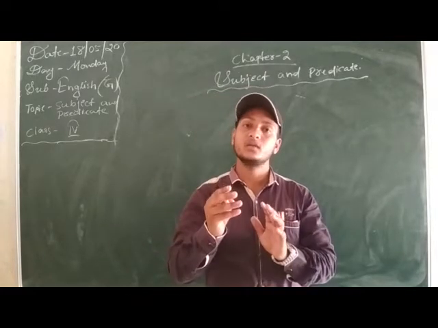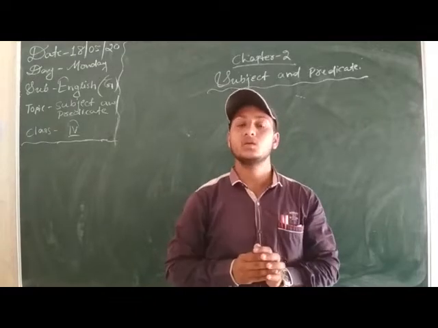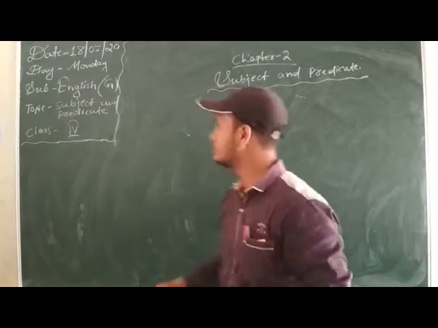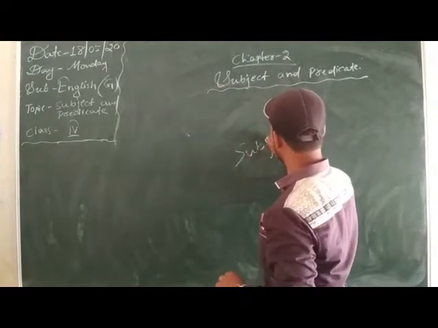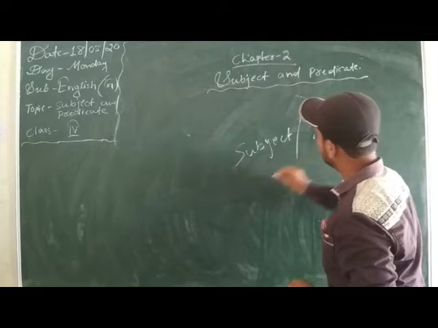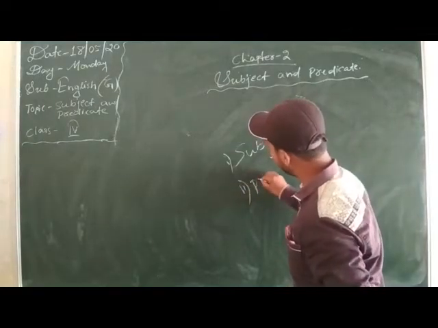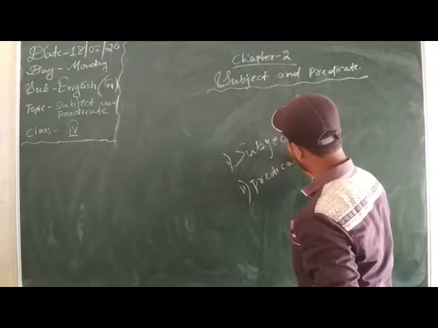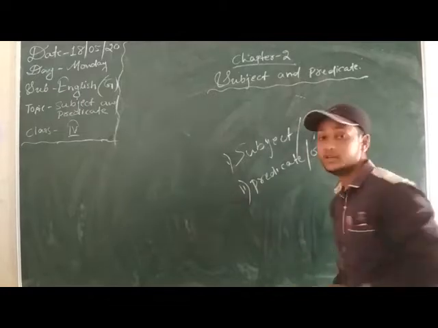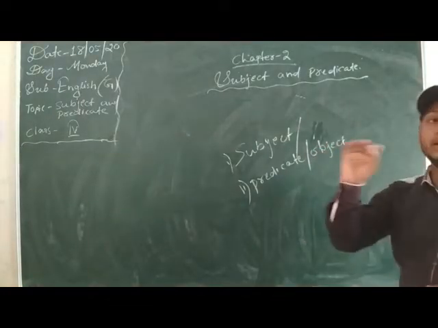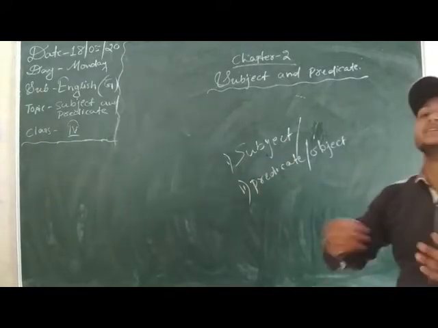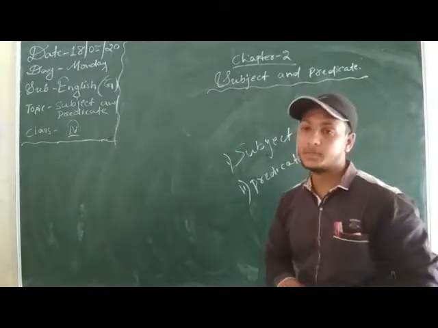In our previous class I had already told you that a sentence contains two parts, that is one subject part and the other is predicate part, or we can say predicate as an object part.